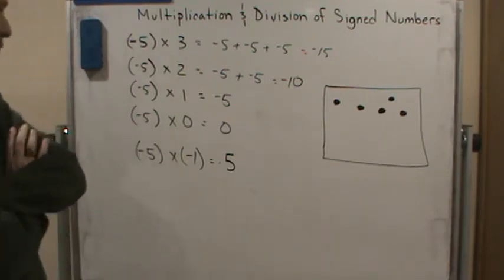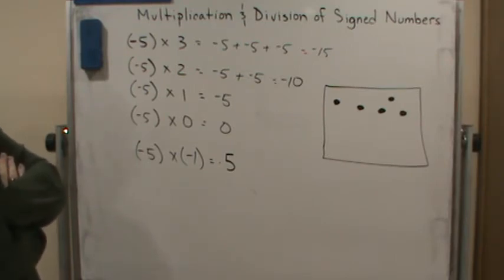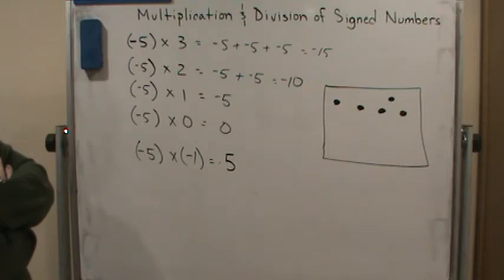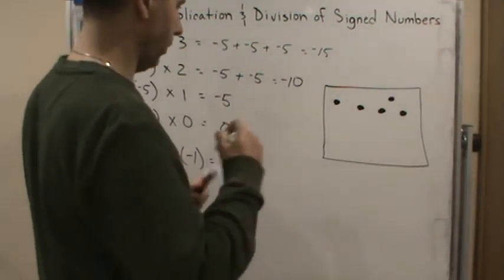So if I have 5 groups of -1 and I'm going to get rid of them, then I have to have something left behind, which is going to be my positive chips.